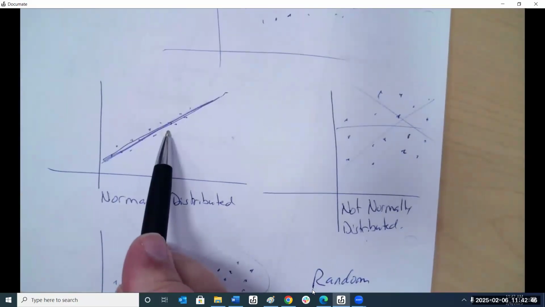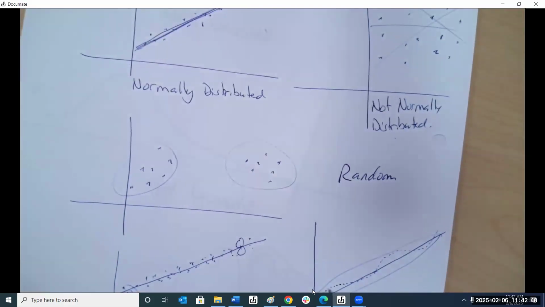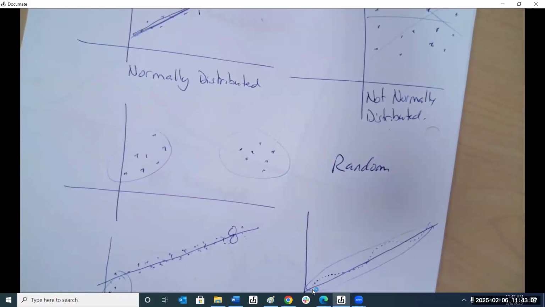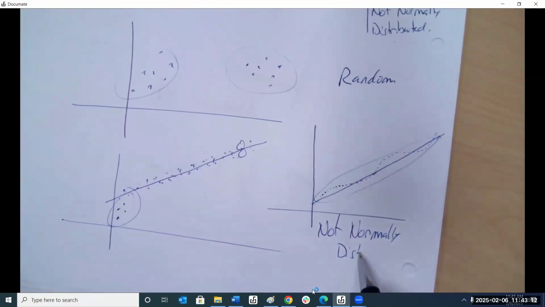Random is just that. This, as you observed, is a predefined sequence of points that follow a pattern. And because of that, the symmetry of it makes it invalid. So that's not normally distributed. That's not normally distributed.